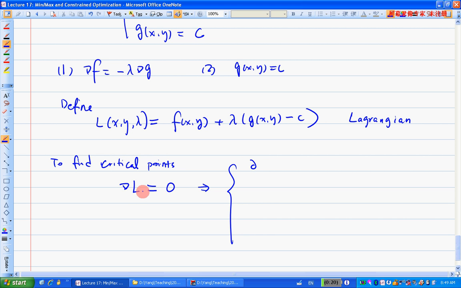Exactly. dL over dx needs to be 0. And dL over dx, what does that give you? It means df over dx plus lambda, bracket, dg over dx equal to 0. And dL over dy needs to be 0, which gives you this.